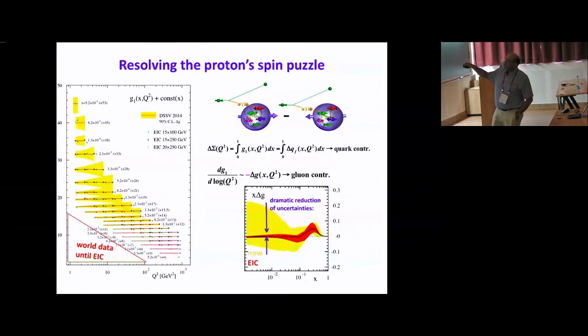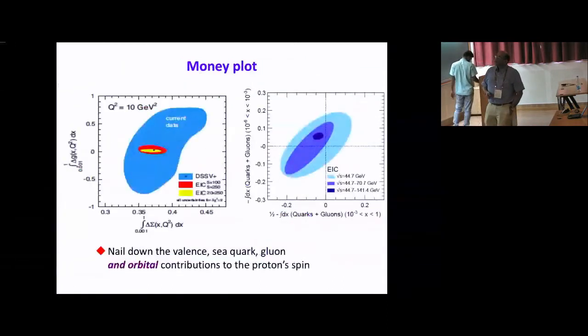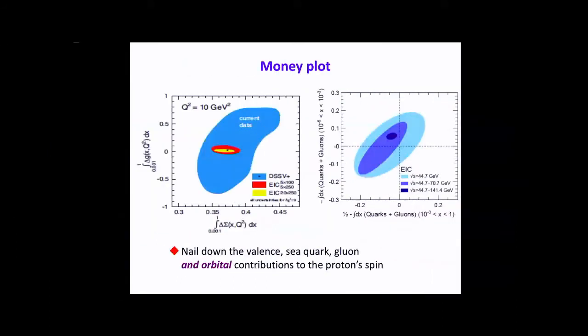This is delta G as a function of x for a fixed Q squared of around 10 GeV squared. And this is the current uncertainty based on the world data, which is shown in this triangle here. And what the EIC will do is essentially make this very, very small. So it will really reduce these uncertainties. What does that mean? Here's a money plot. This is the current data on the integral of delta G as a function of x and Q squared.